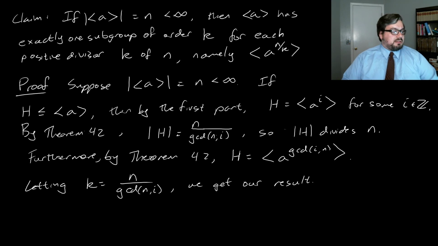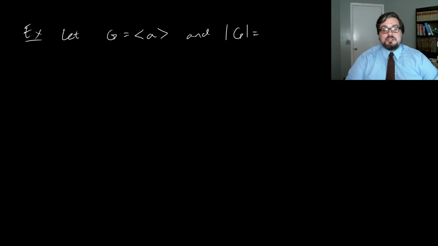So let's see how we can talk about this. As an example, let G be a cyclic group, and let's suppose that the order of G is 120.